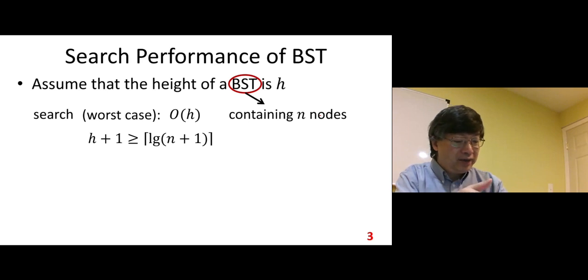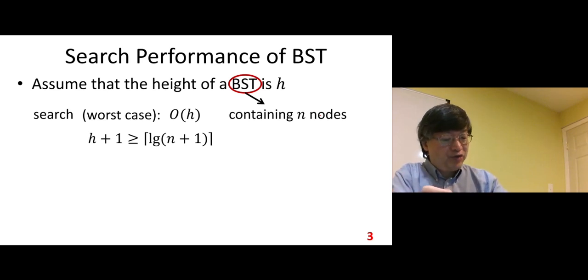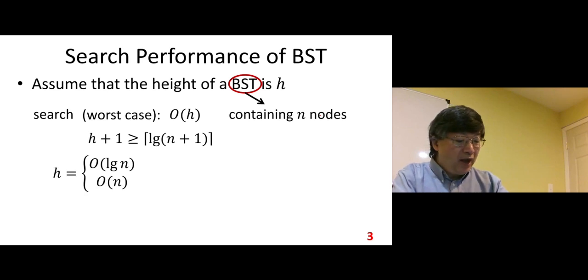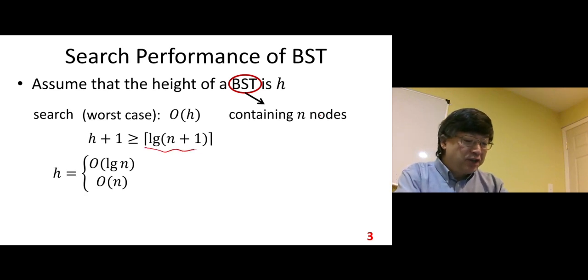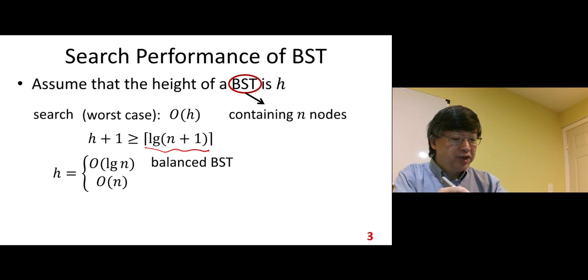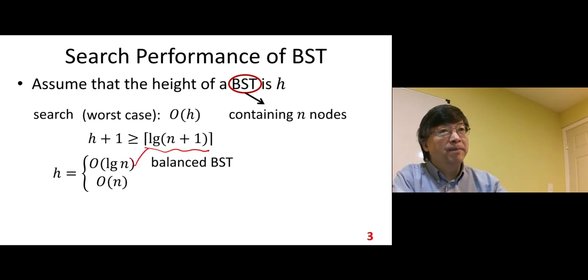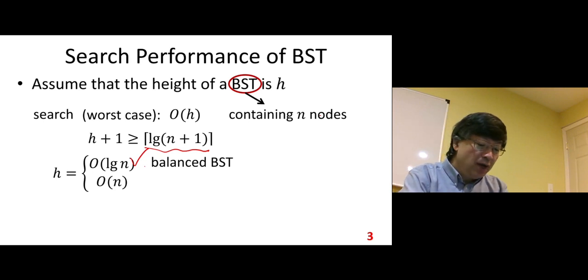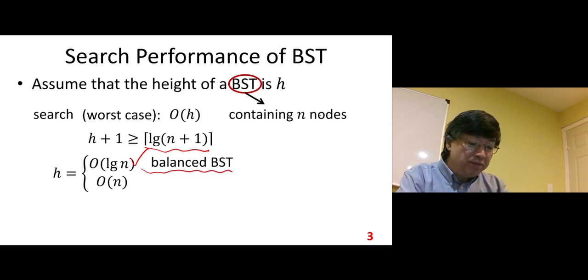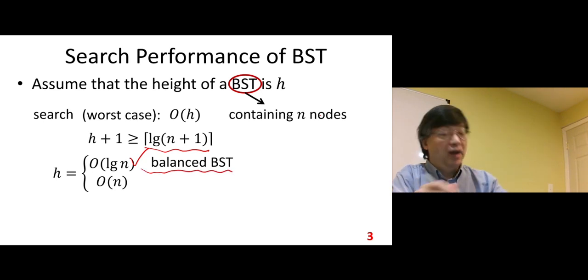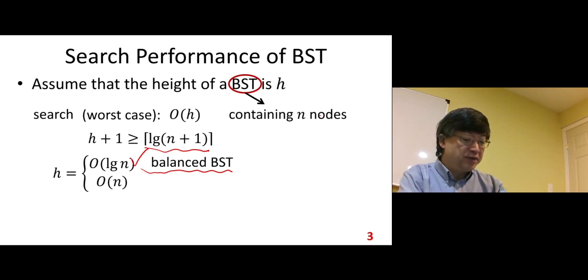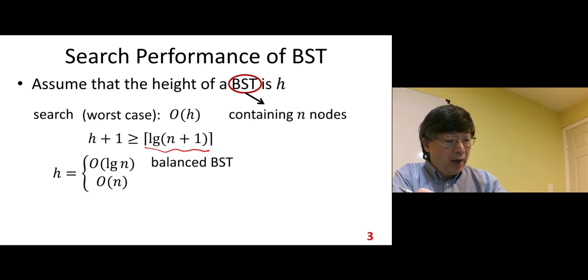This formula tells us the best case efficiency is log of n. That corresponds to the most balanced BST. So the worst case, the best case. So you can see the difference.